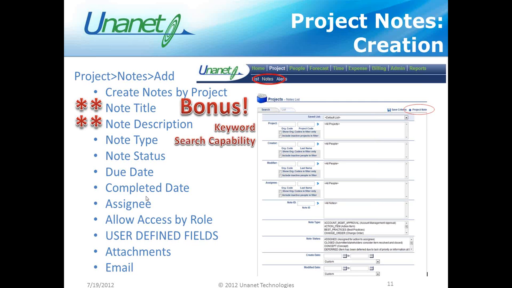You're also able to designate an assignee, and allow access by role. So for instance, if you have a project and you are going to attach a statement of work in a note to that project, but you only want your project managers to see that information, you can allow that access by that role.